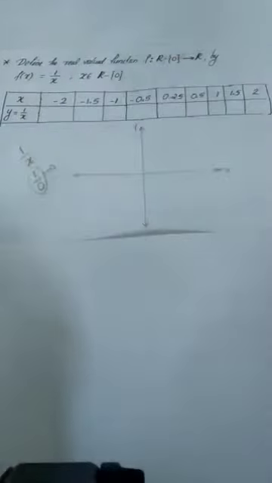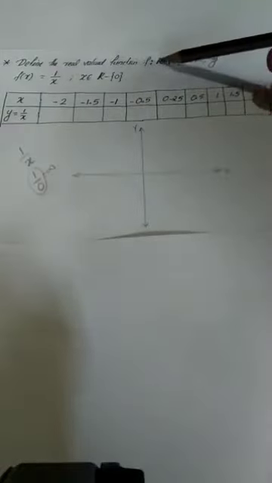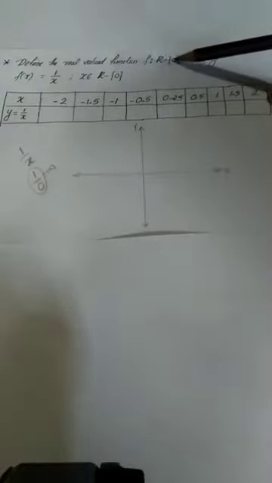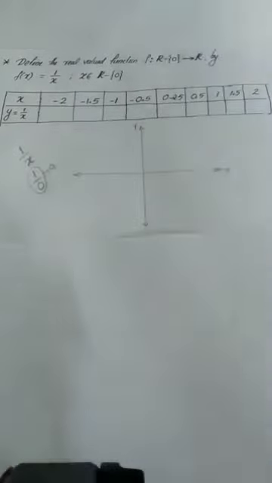So we cannot find the value of 1 by 0. So that's why we are deleting the number 0 from the domain, from the real numbers, because we cannot find the image of 0.